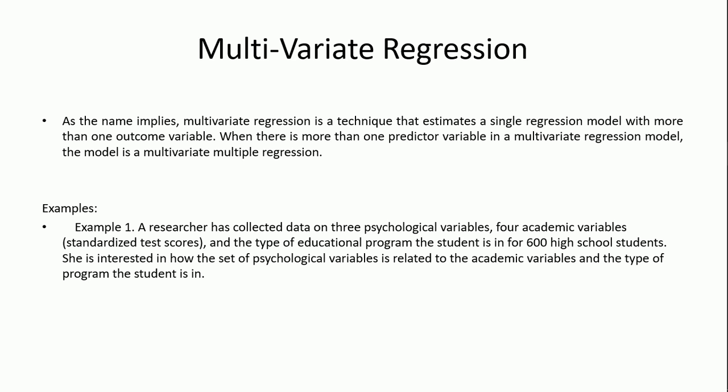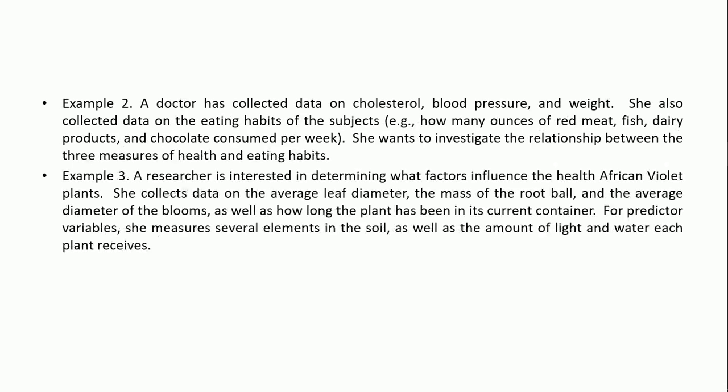If she is interested in finding how the set of psychological variables is related to the academic variables and the type of program the student is in, then we will go for multivariate regression. The other two examples are similar.